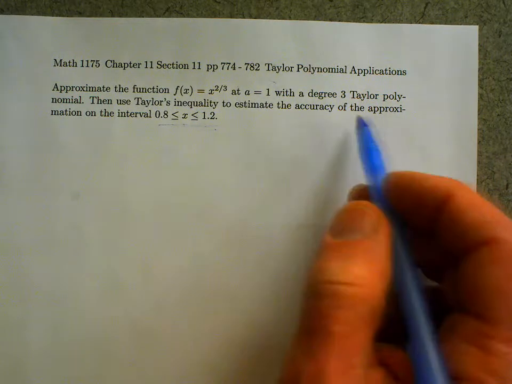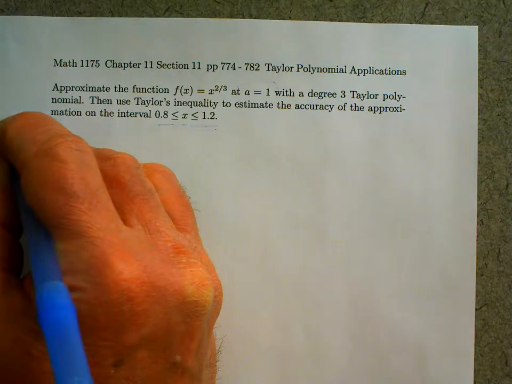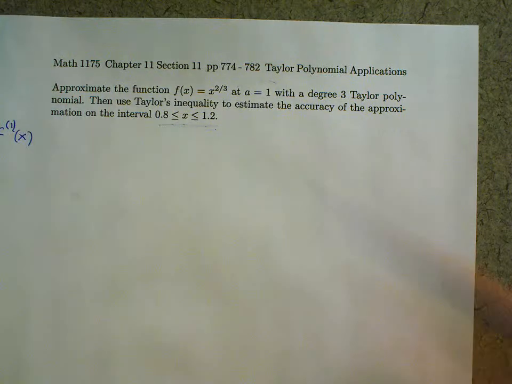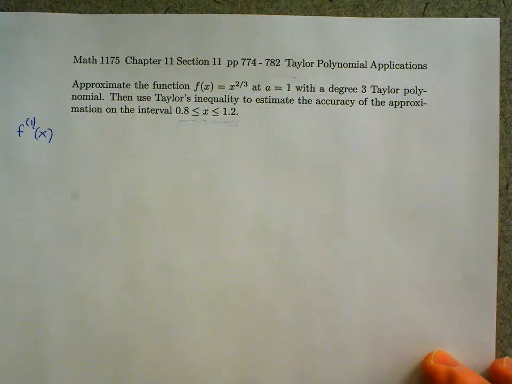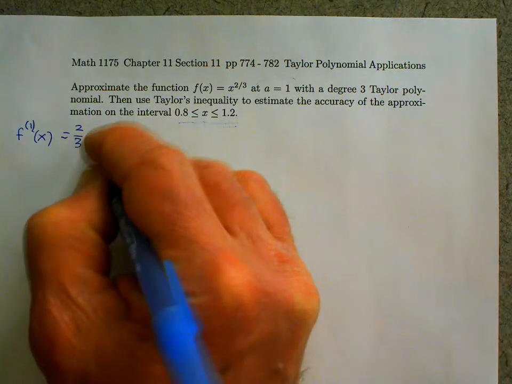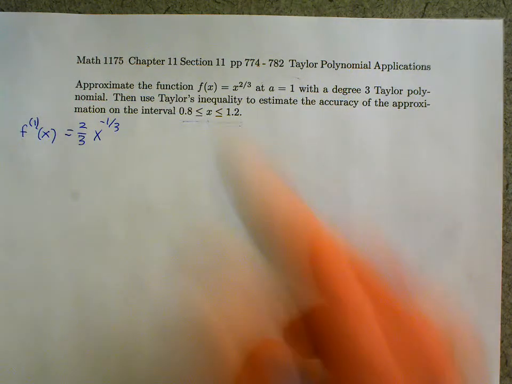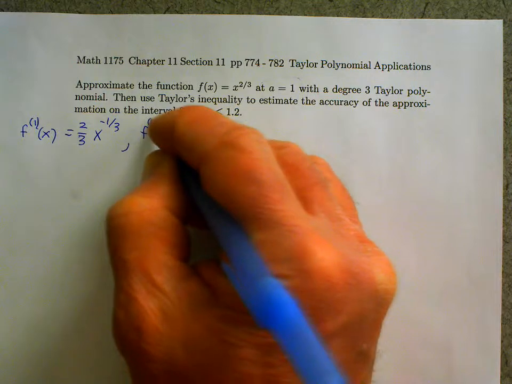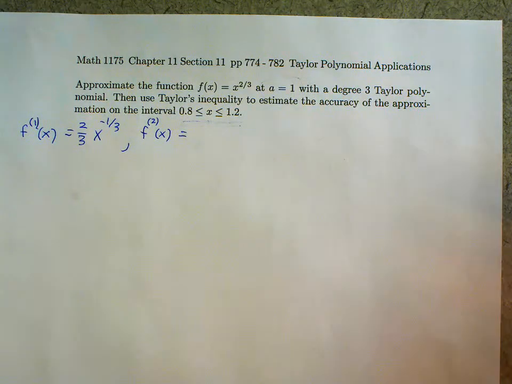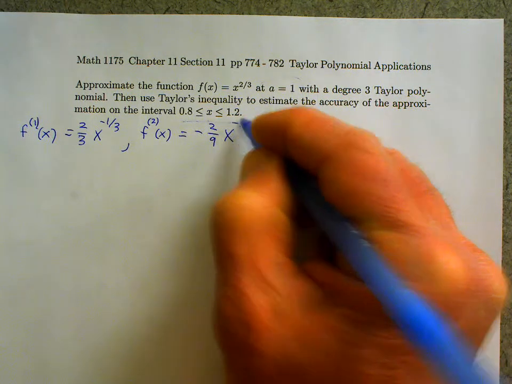Just something to note and pay attention to. Okay, to get the degree 3 Taylor polynomial, we need to compute some derivatives. So the first derivative of f is 2/3 times x to the negative 1/3. The second derivative of f of x is negative 2/9 times x to the negative 4/3.